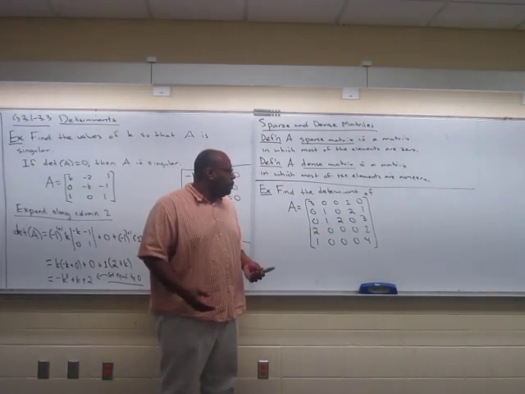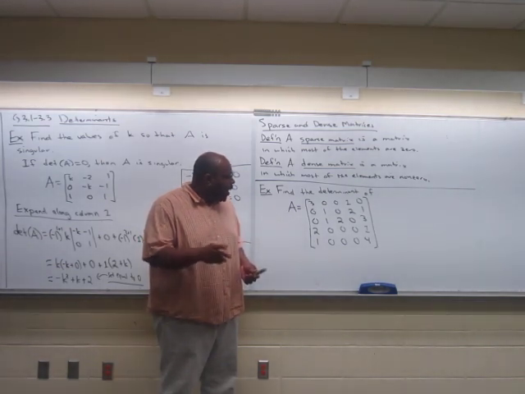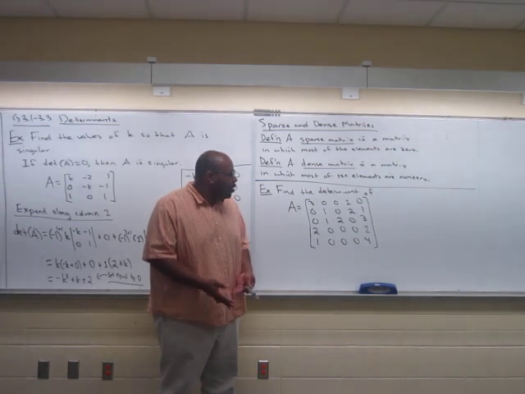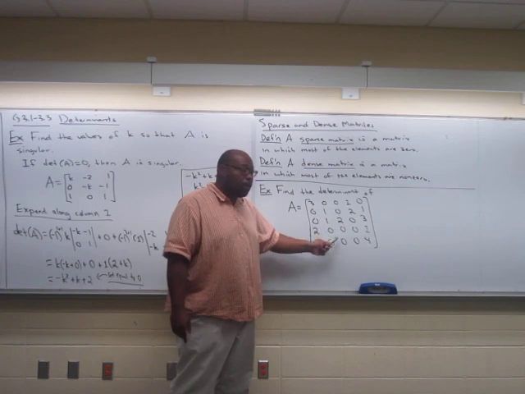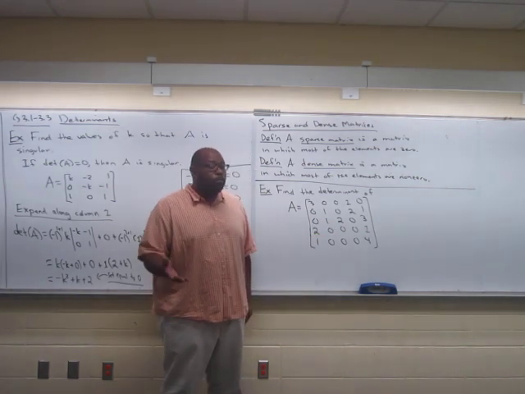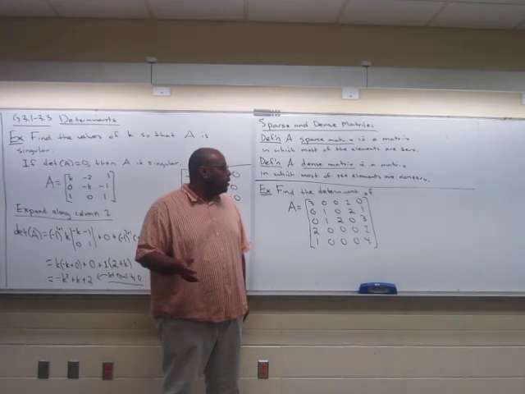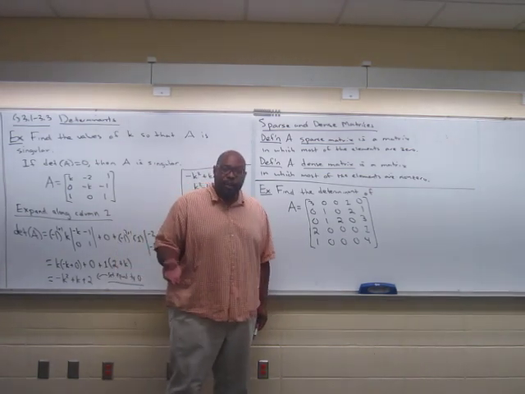But I can see at least one where I have more zeros than non-zero terms, and that's column number 3, right here. Column number 3 has more zeros than any other column. At least that's what I think. So column 3 seems pretty good.